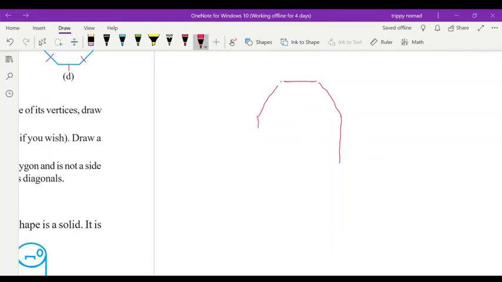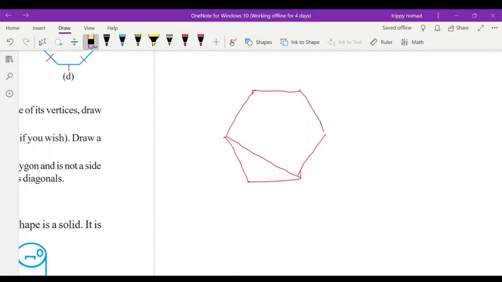You have to draw it with a scale by taking equal measure. 1 2 3 4 5, so it is more than that. 1 2 3 4 5 6, hexagon. Now I am going to join these.